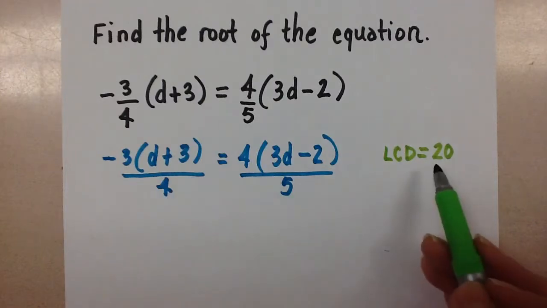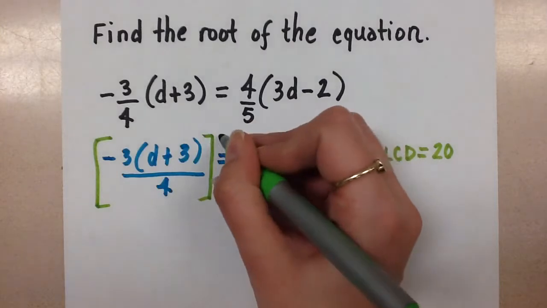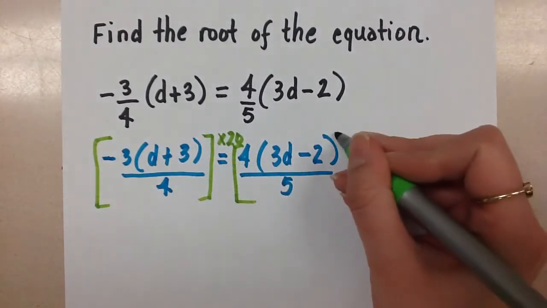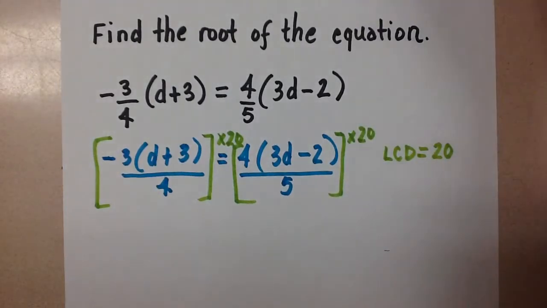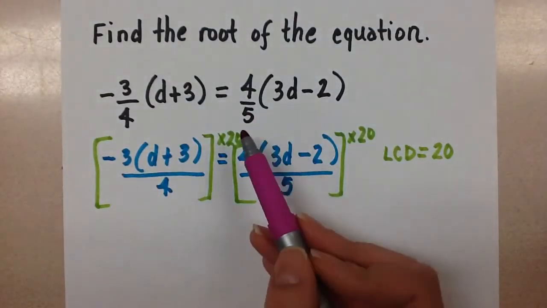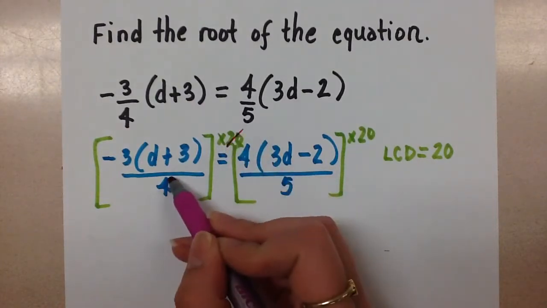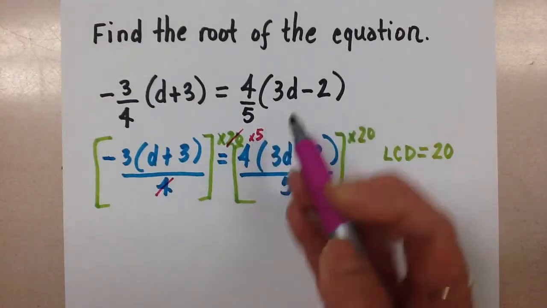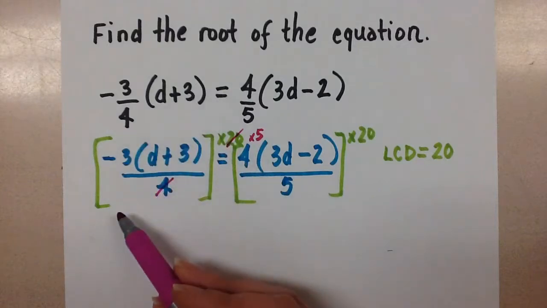So if I multiply the 20 like this on this side, and then the 20 on this side like this, we get some canceling happening. So if we multiply by 20 but then divide by 4, this cancels. 20 divided by 4 is actually 5. So it's like I'm going to multiply this side by 5.